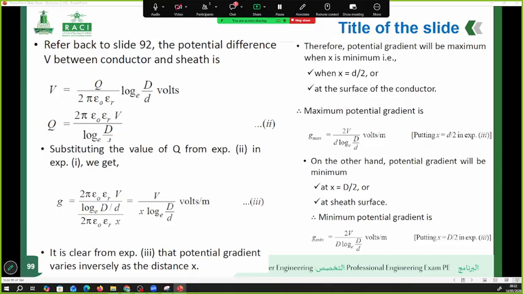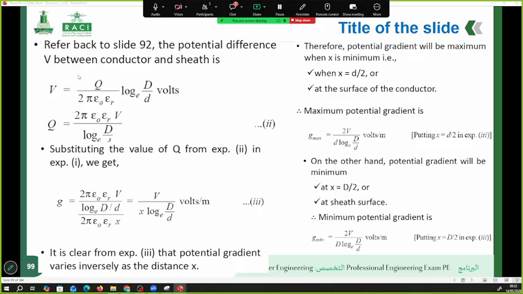In a single core cable, the potential difference V between the conductor and the shield is given by this equation. Where Q is the charge per unit length, epsilon 0 is the permittivity of free space, epsilon r is the relative permittivity of the insulation, d is the conductor diameter, and capital D is the internal diameter of the shield.